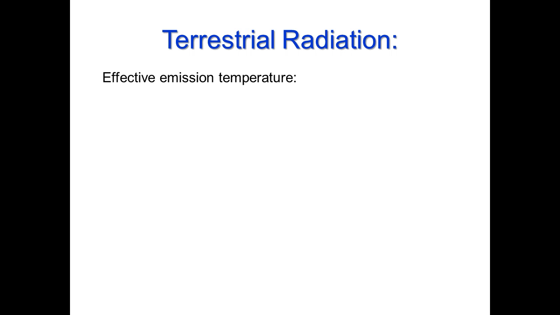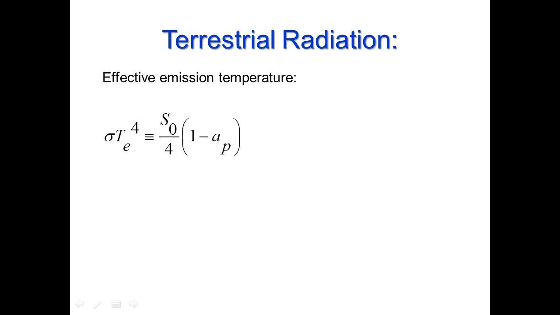Well, ultimately, since the planet is in energy balance, the amount of radiation it absorbs from the sun must be balanced by the emission of radiation to space. Let's make a rough estimate of the effective temperature at which the Earth radiates to space.